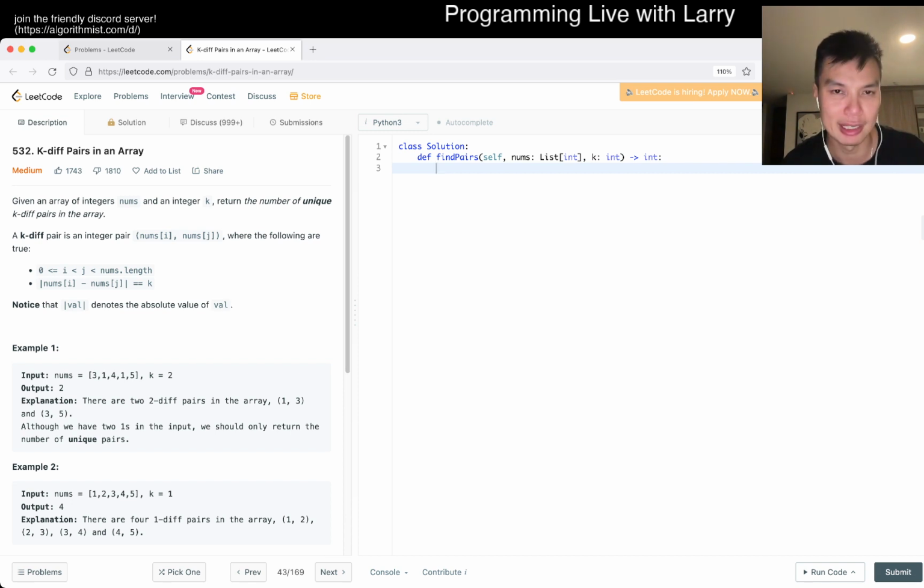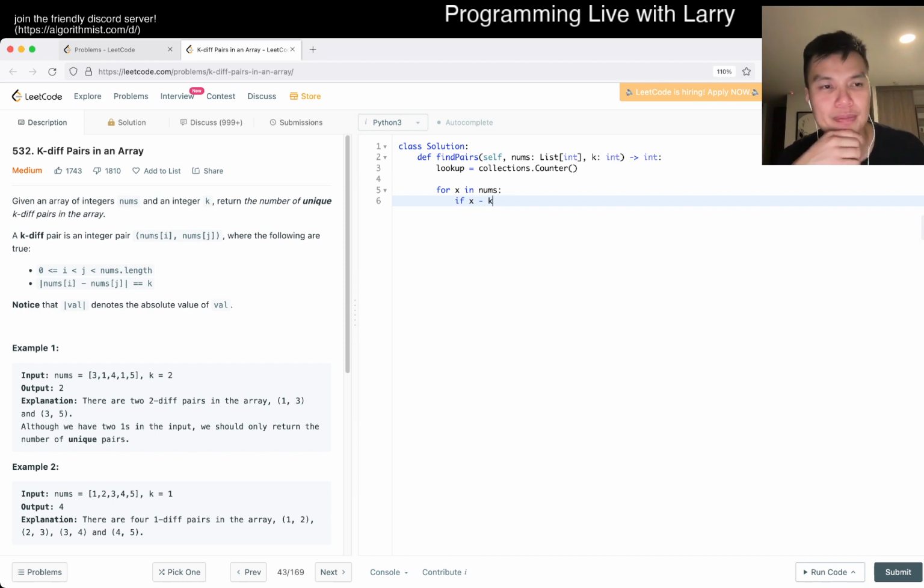So like I said, we have a lookup table, we have a collections.Counter, say, so maybe we should use that. Now it's just simple, right? So for x in nums, for every number, we check whether x minus... which way do we have it? I mean, x plus k, we don't really have to worry about, because addition is commutative, right?